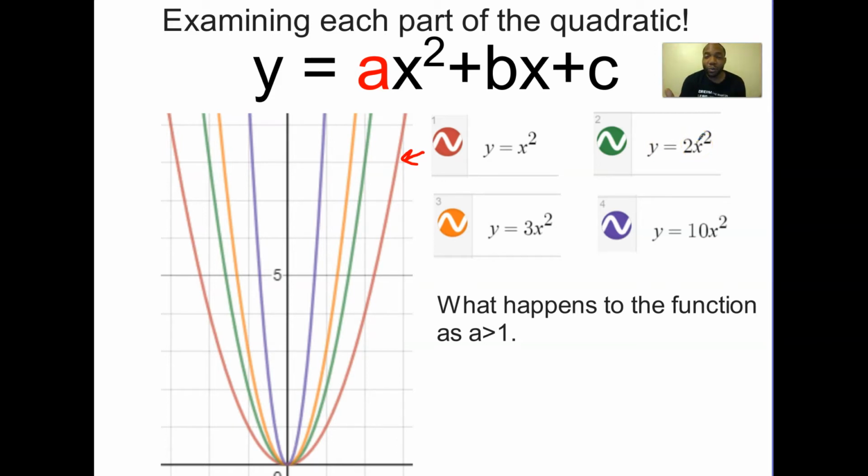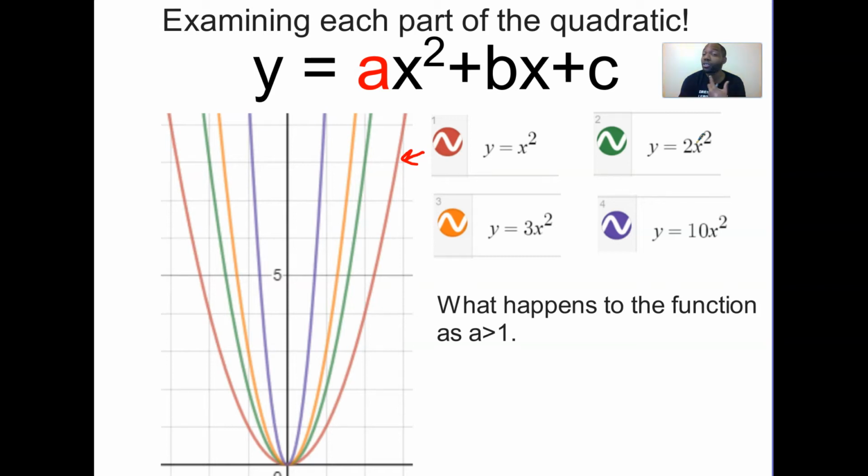What is happening with the parabola? The parent function is in red. But what is happening as A becomes greater than 1? Look at green, then orange, then purple.